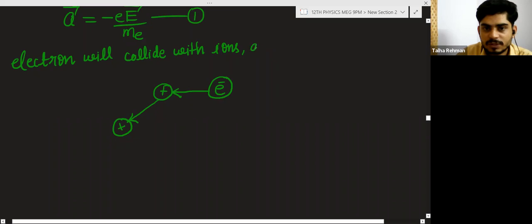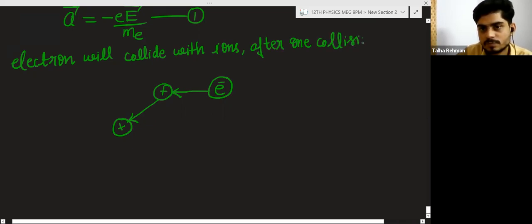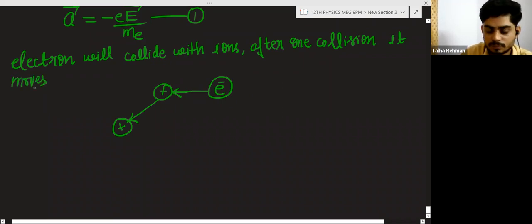Electron will collide with ions. After one collision it moves, and after another collision it will move.